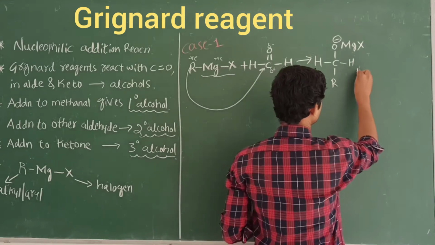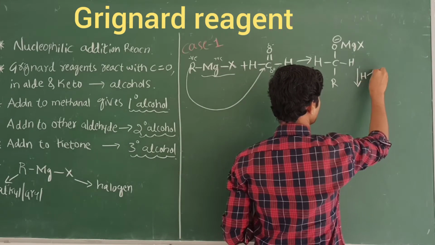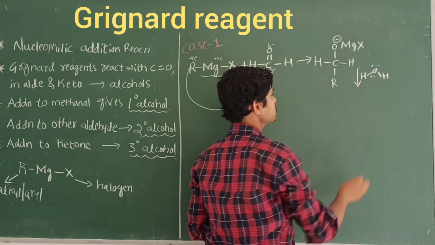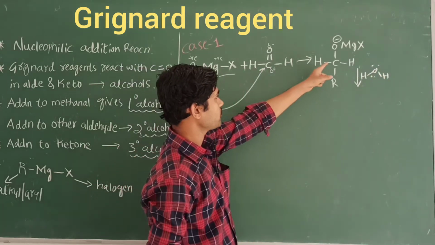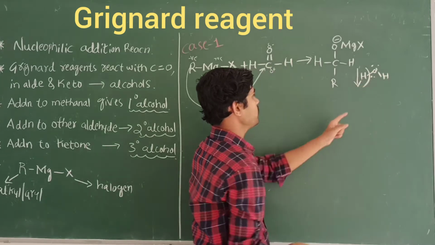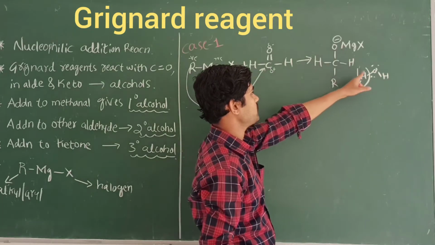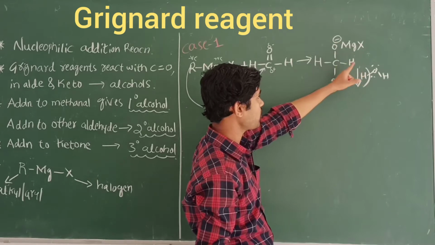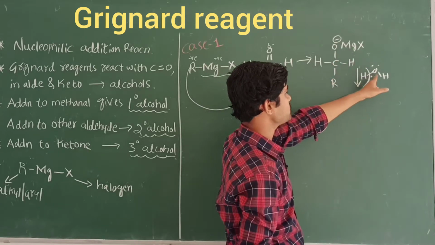Here we require only hydrogen. This hydrogen goes and attacks the O minus, and the other hydrogen terminates at the H plus, so O minus H becomes alcohol. The MgX becomes Mg(X)OH.